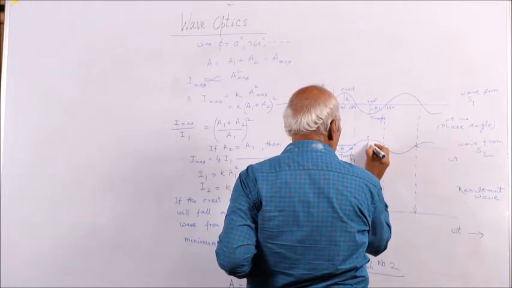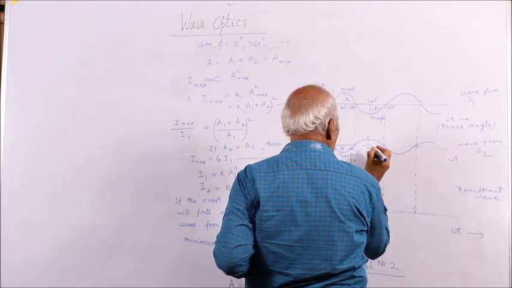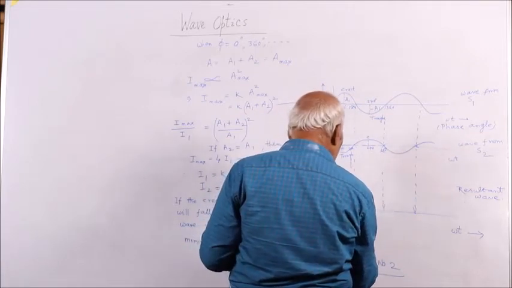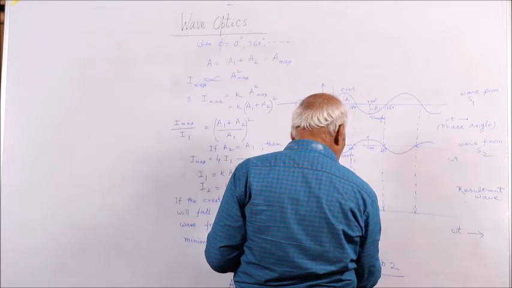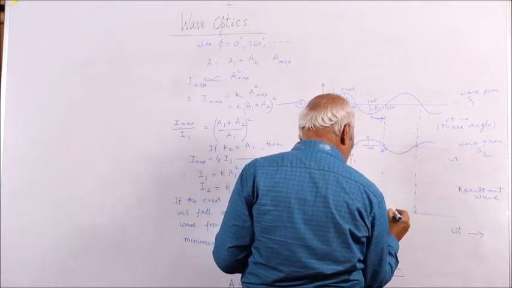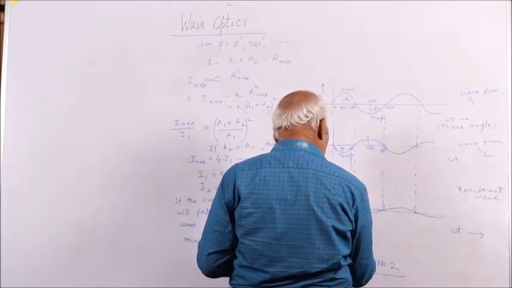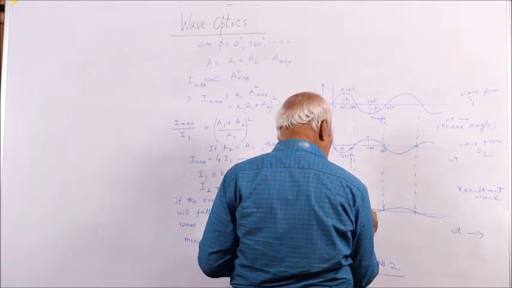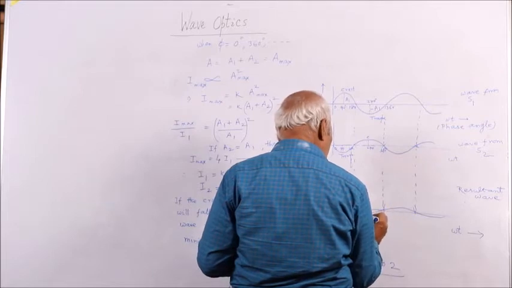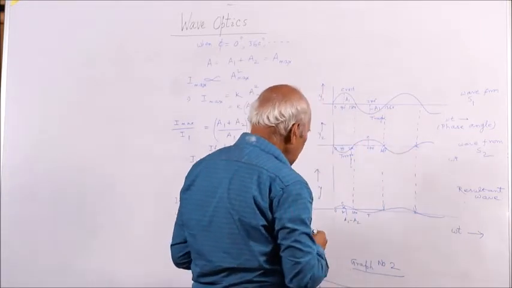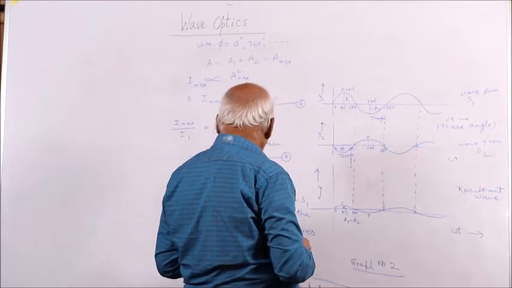This is crest. Like that. So, because crest falls on the trough, there is algebraic addition. So, it is A1 minus A2.